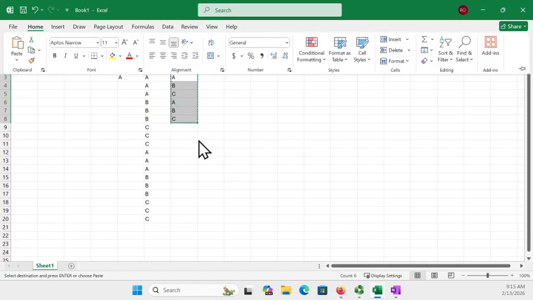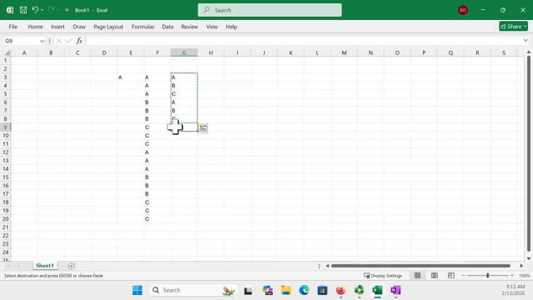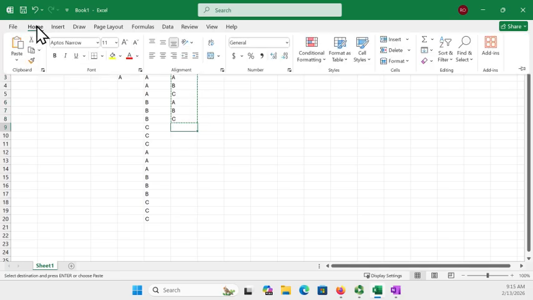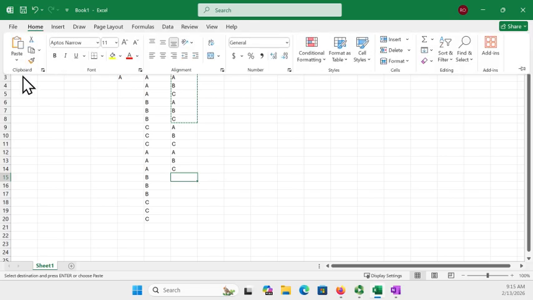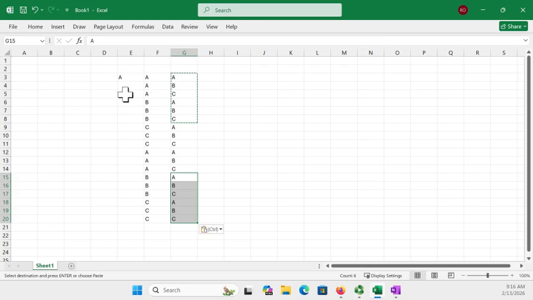Copy them, then paste it, and then paste it again. Over here, we got A, B, and C, three things. A, B, and C, three things in the second place. And A, B, and C in the third, so we got 27.